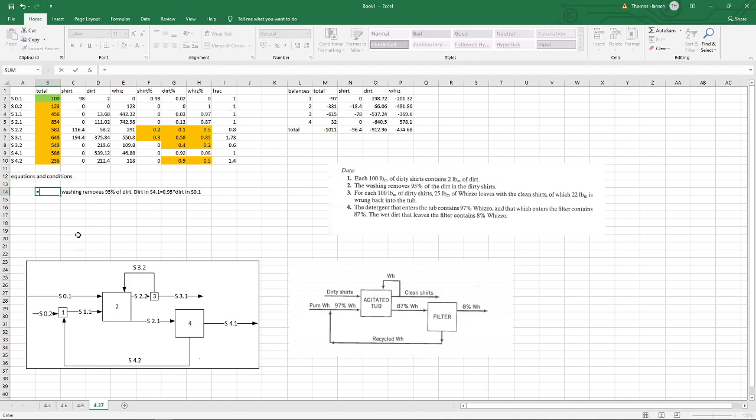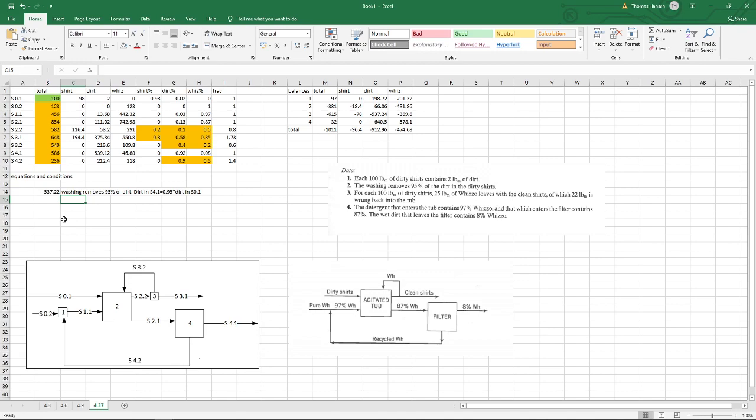Well, we have 95% of the dirt in stream 0.1 up here. If I subtract the amount of dirt in 4.1 from 95% of the dirt in 0.1, that should give me 0 if this condition is fulfilled. So that's one piece of information we're given.